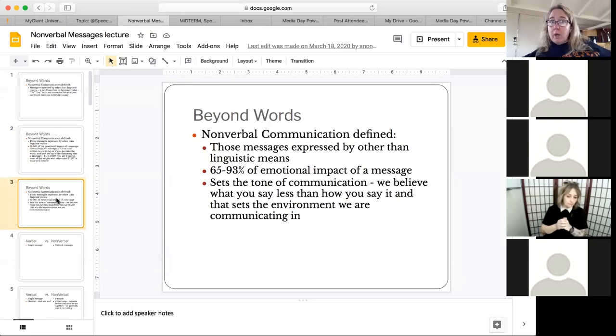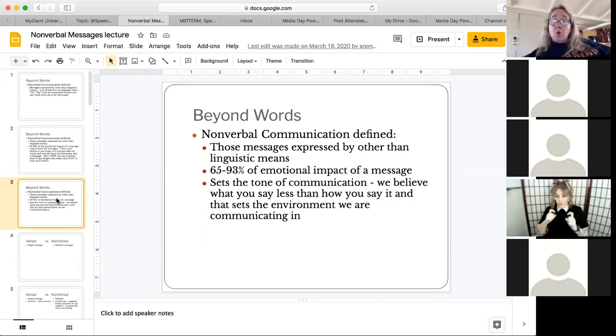Now, what we also want to know is it sets the tone. So for example, while we're communicating with each other, how you interact with me nonverbally will influence how I begin to interact with you. If you start to build connection and trust by giving me body orientation, turning your body attention towards me, and your eye contact towards me, I might give you more of that body orientation or eye contact.